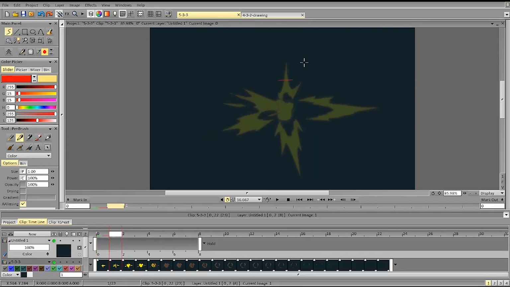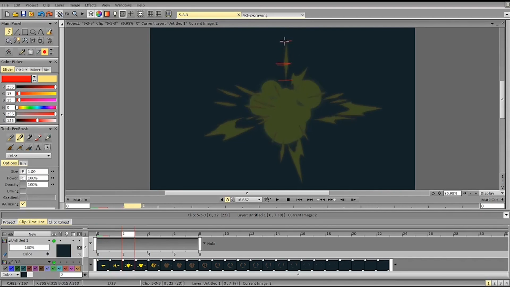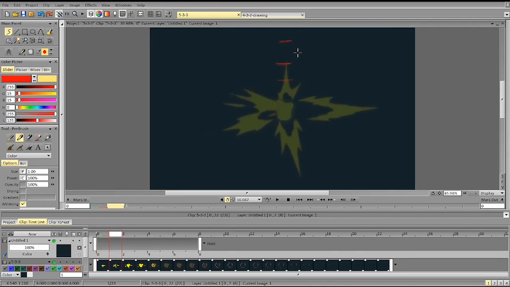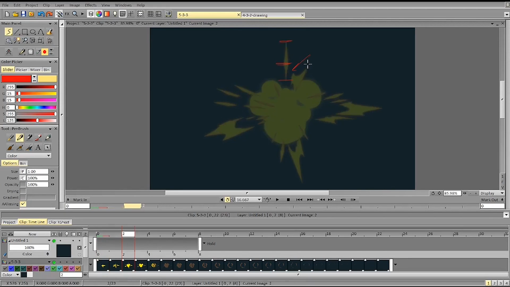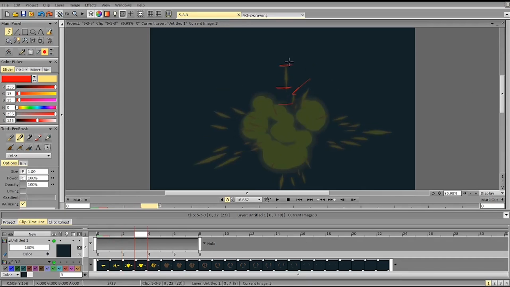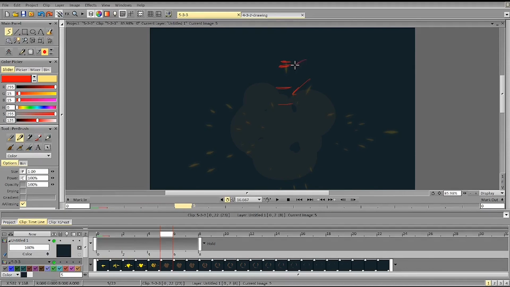Again, you can exaggerate the acceleration here and have faster slowdown. Again, slightly inconsistent.